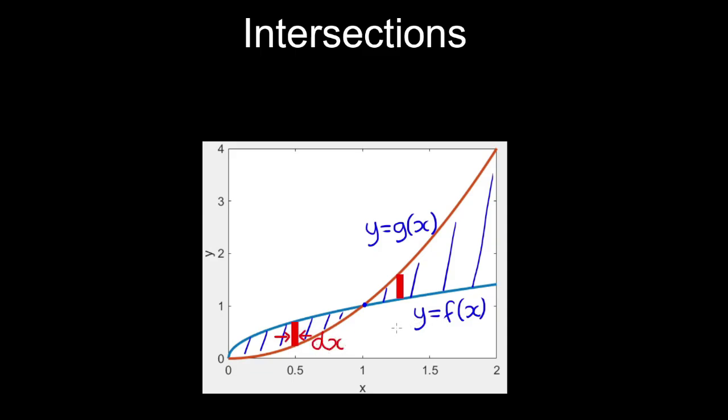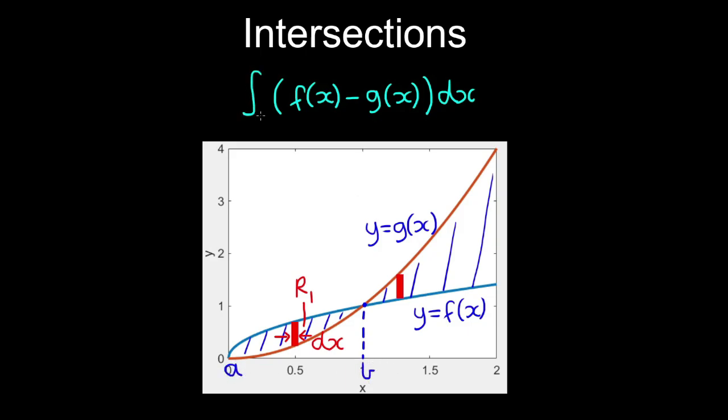Then the area of the first region is f of x minus g of x, which is the height of one rectangle, and then multiplying by dx gives us the area of that rectangle. And then we integrate from x equals a to x equals b, and that gives us the area of that first region.